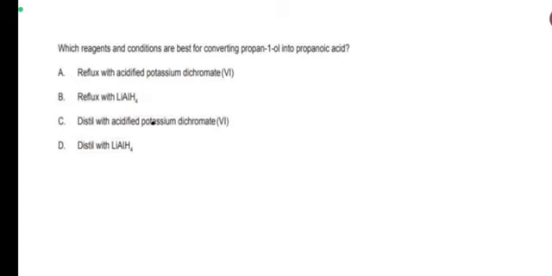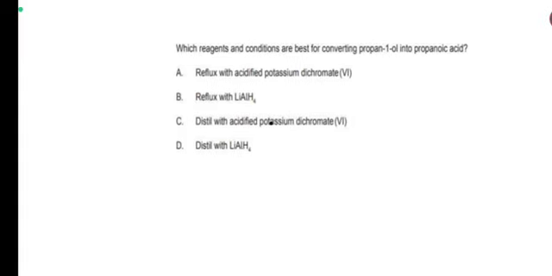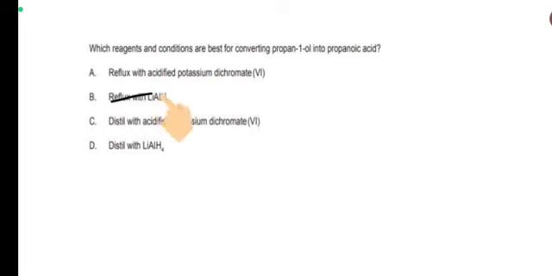So if you have an idea of oxidizing and reducing agents, you can neglect option B and option D. So you have to choose either A or C. Reflux with acidified potassium dichromate will convert alcohol to propanoic acid. So this is the correct option.